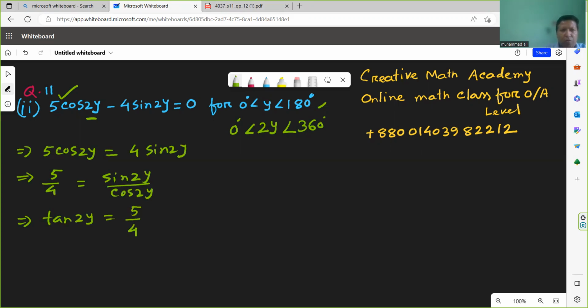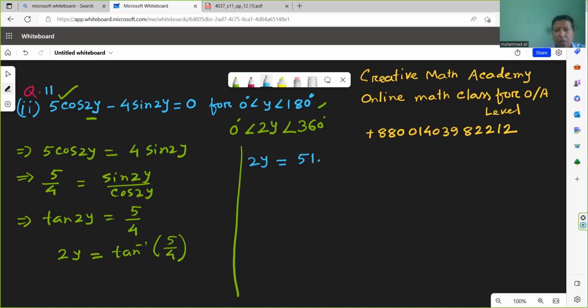So if we want to find out 2y, it will be tan inverse 5 by 4. Now we get 2y equals tan inverse 5 by 4, which means 51.3 degrees.